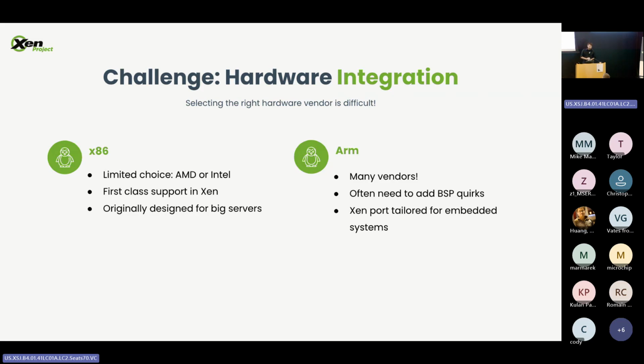The drawback is that it was originally designed for big servers, not for small embedded computers. In the ARM world, it's the opposite: many vendors, but sometimes you have to add some quirks in the BSP, the board support package. But it's also designed for embedded systems.